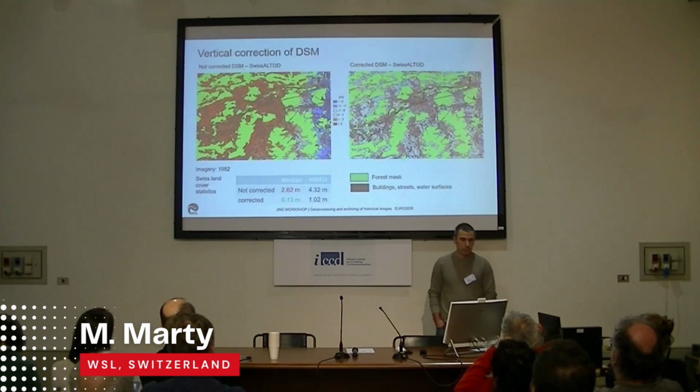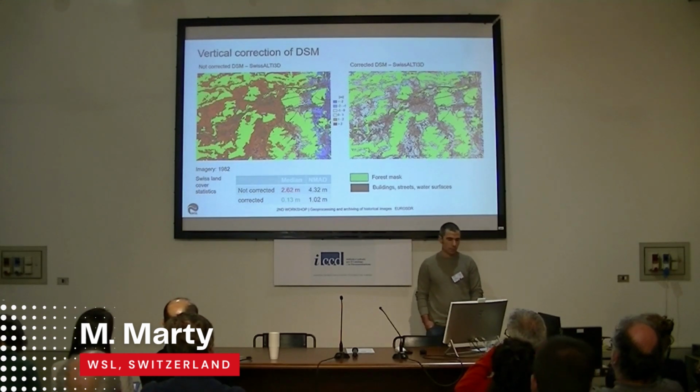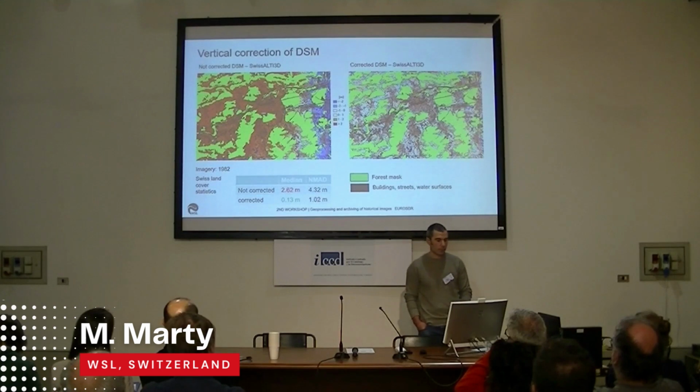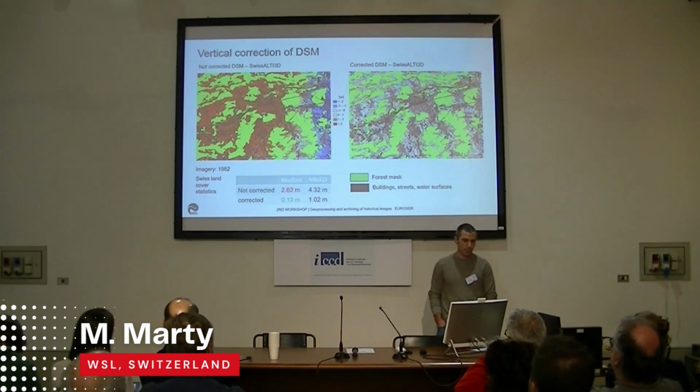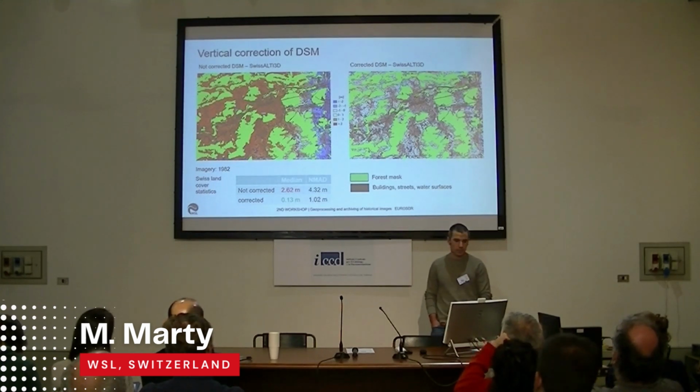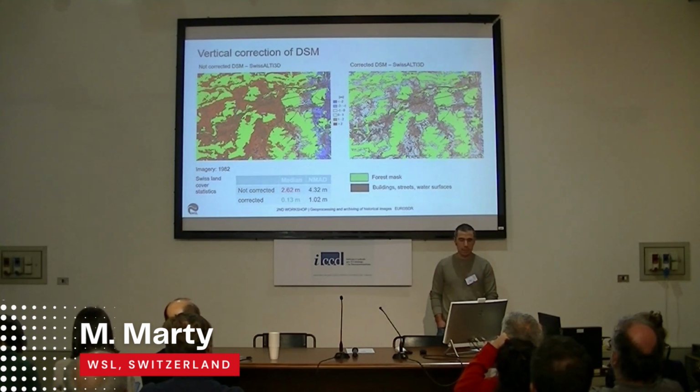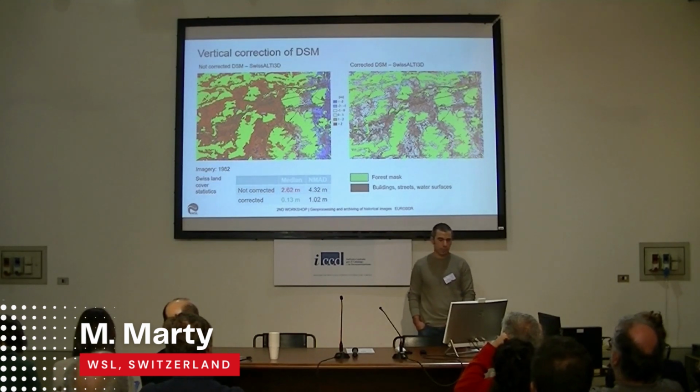So here you see an example of a map sheet from the first acquisition. It's imagery from 1982. On the left side you see the difference between the not corrected DSM minus the swissALTI3D DTM, and you see that the DSM is heavily tilted, and it leads to errors of more than 2 meters for a big extent of the map sheet.